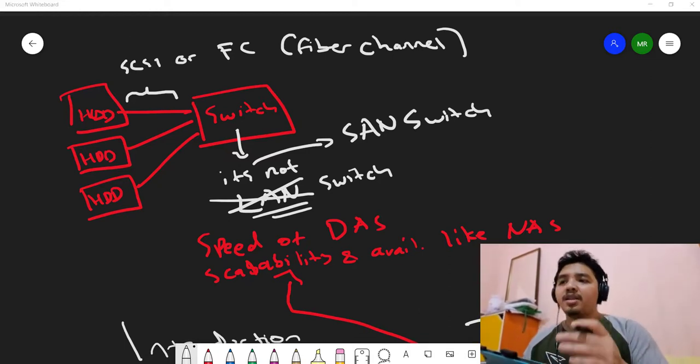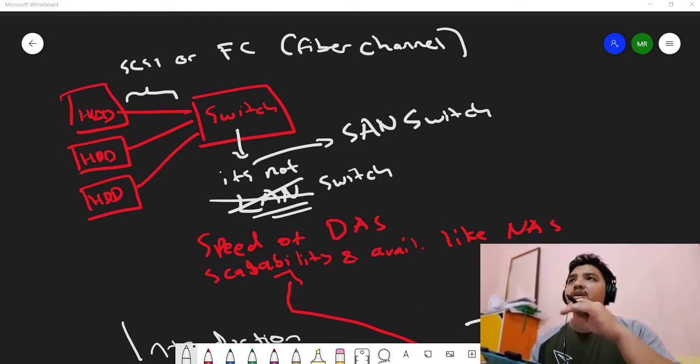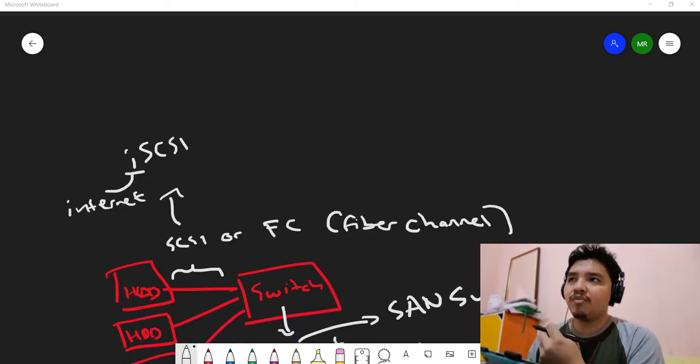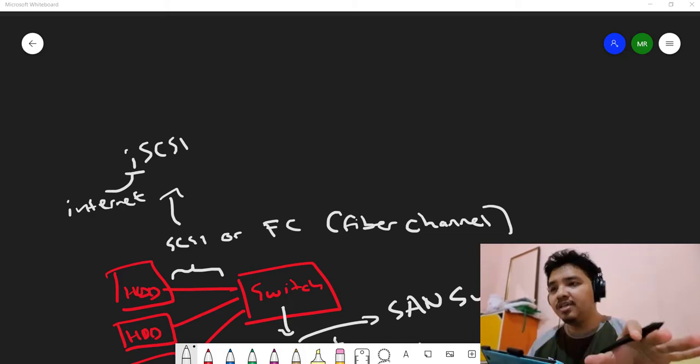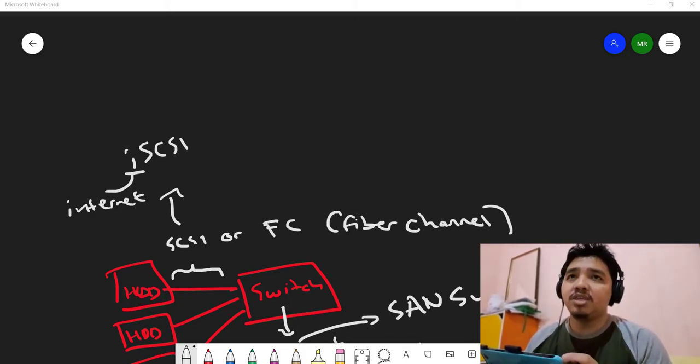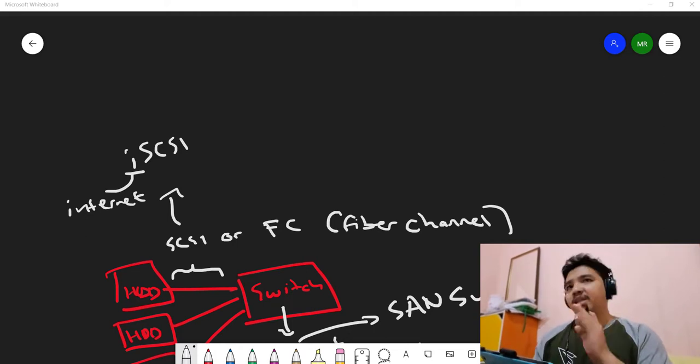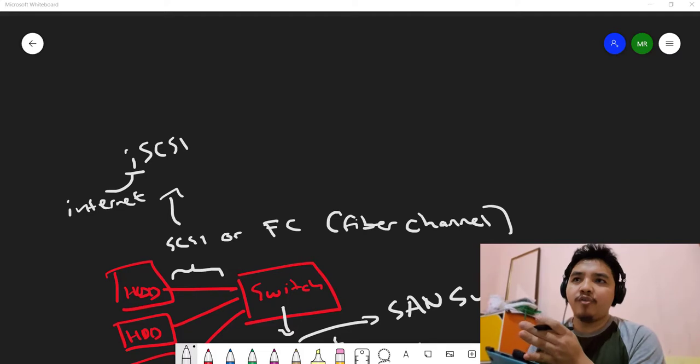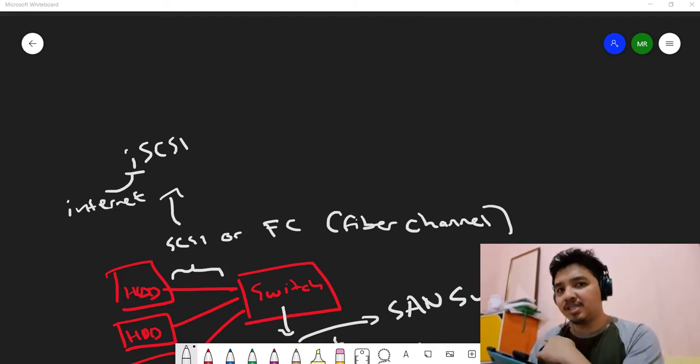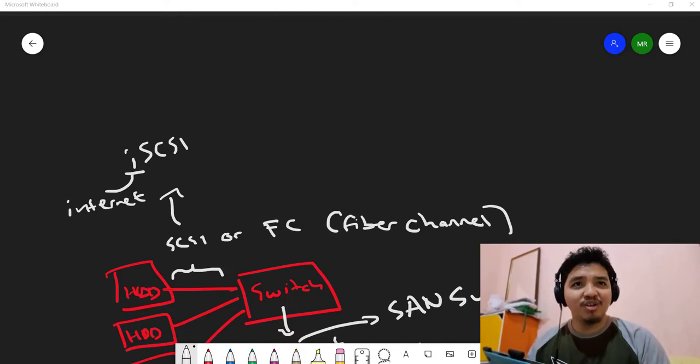While iSCSI is about wrapping up the SCSI traffic into the internet, we use TCP/IP, yeah, but it has a difference from the NAS traffic that I mentioned earlier. In a NAS, we have file-based storage, so it's easy to use.